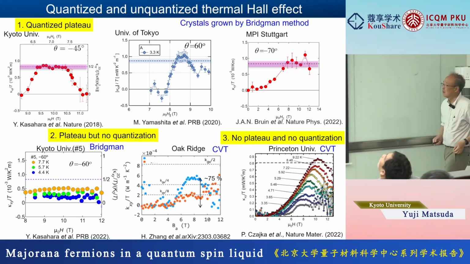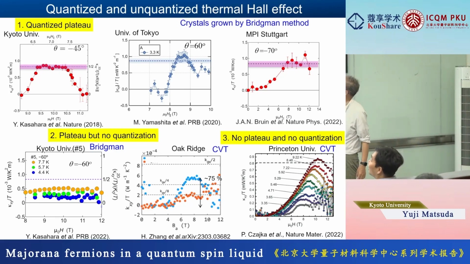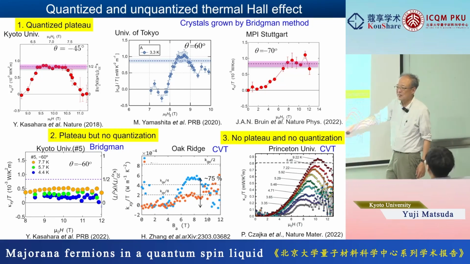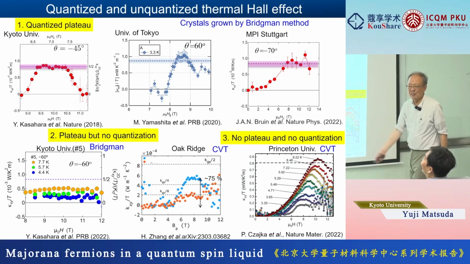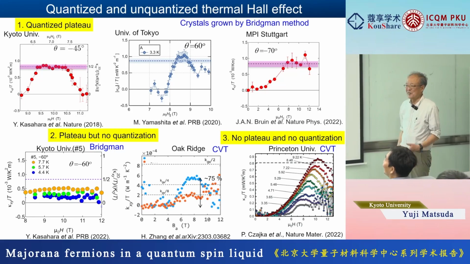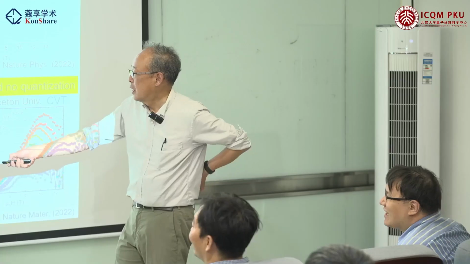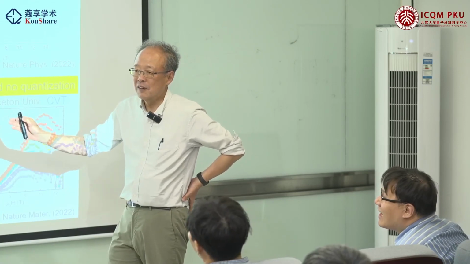What's the difference between this one and the same group? Same group, but different. Yeah, that's an important question. But actually, in these materials the absolute value of kappa XX is small.